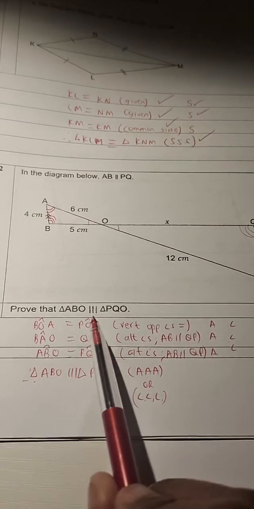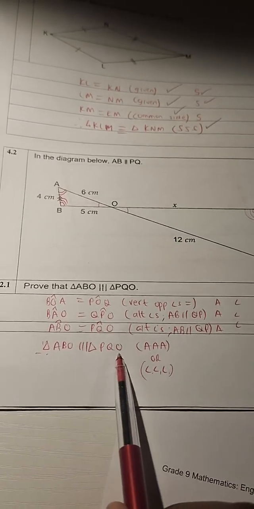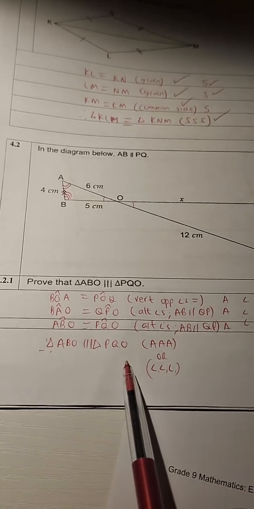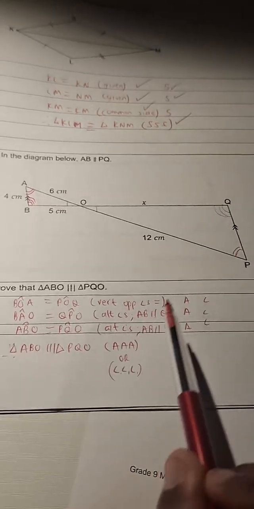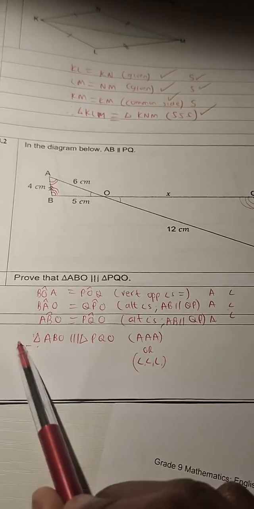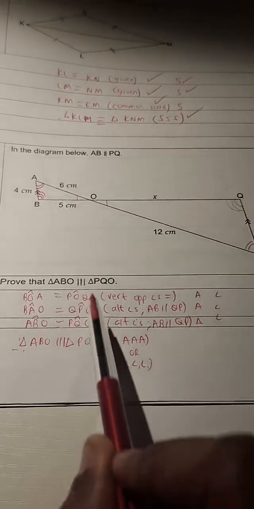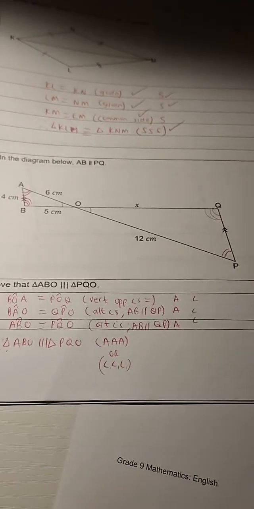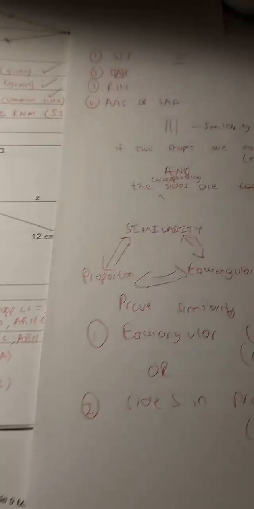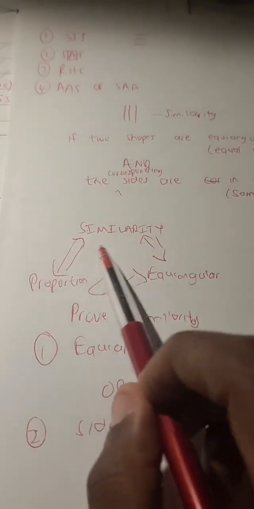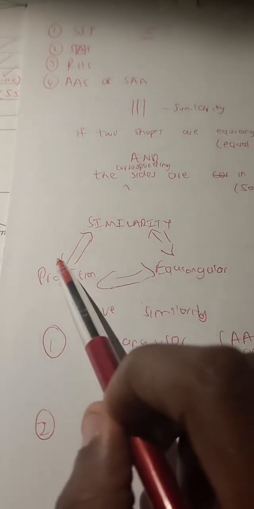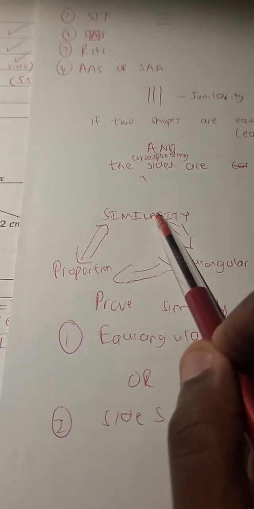Okay, we have just proven that the triangles are similar. So because now we know that the triangles are similar, we can move on and say, remember what I said earlier on, similarity means proportion and proportion means similarity.